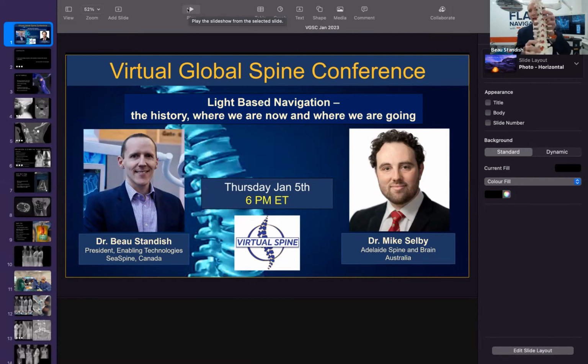Well, if we have access to just one side, we can use just the one side of bone anatomy that still exists to register. Similarly, if we don't have access to a spinous process, we have something called our flex array, where we have different height rods, and these can go into existing screws, like so, leaving the midline open for access to visualizing that bone.